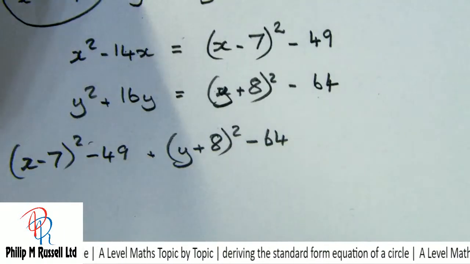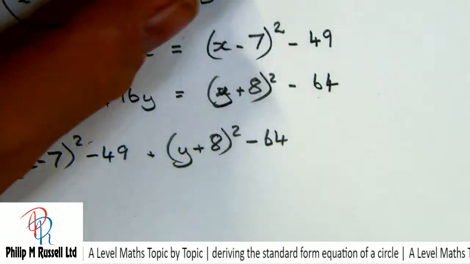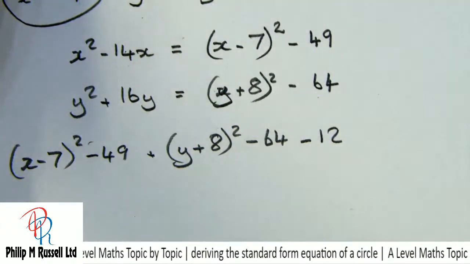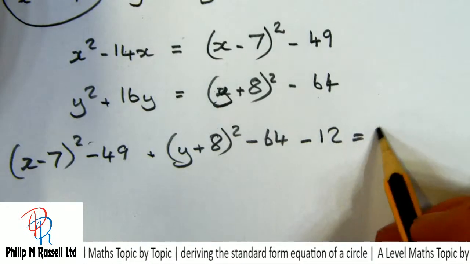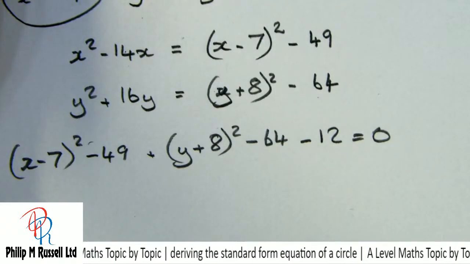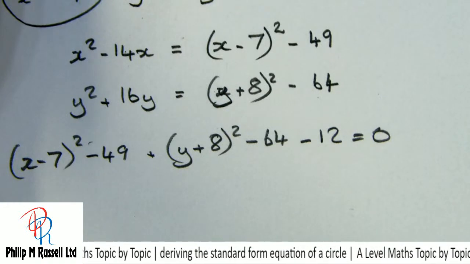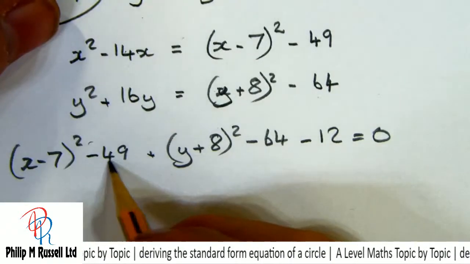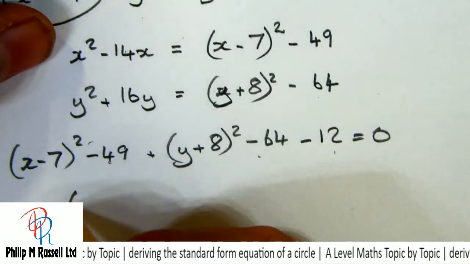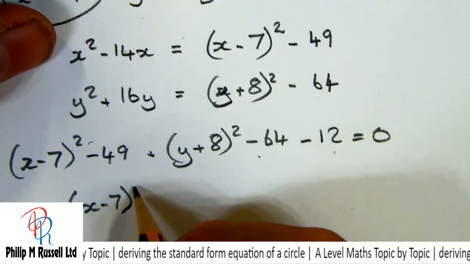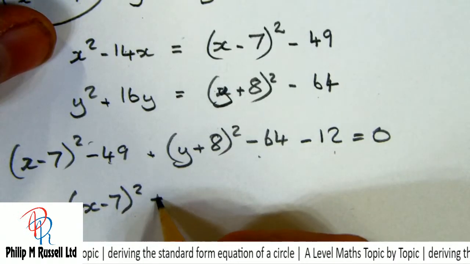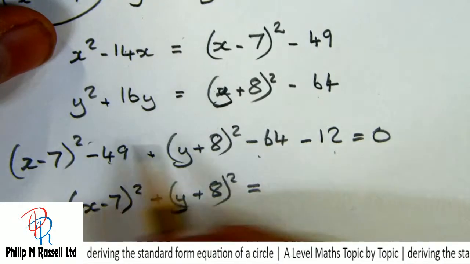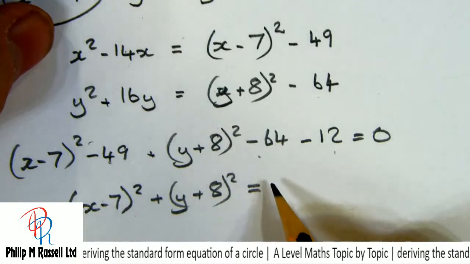So I've rewritten my x term and my y term. Now let's put in our minus 12, and that equals 0. Let's get rid of these numbers onto the other side. So I've got x minus 7 all squared plus y plus 8 all squared equals 125.